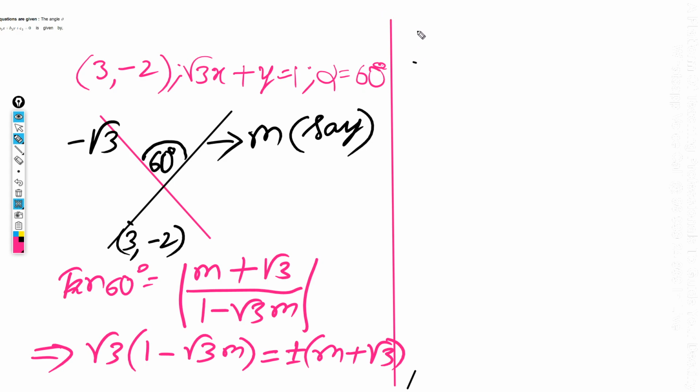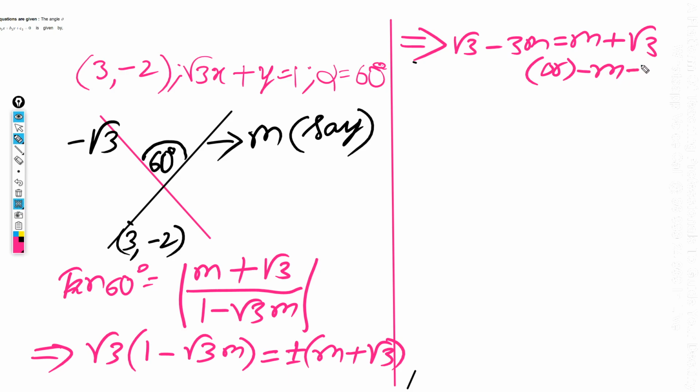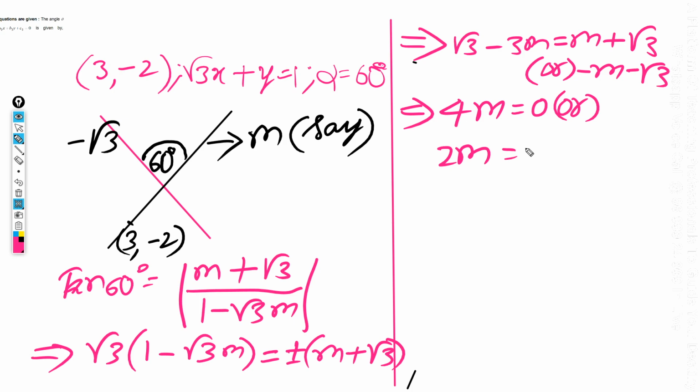Let us simplify that. Implies root 3 minus 3m is equal to m plus root 3, or minus m minus root 3, which implies that, take this first one, 4m is equal to 0, or take minus, minus m minus root 3, then this is 2m, this is brought this side, is equal to 2 root 3.